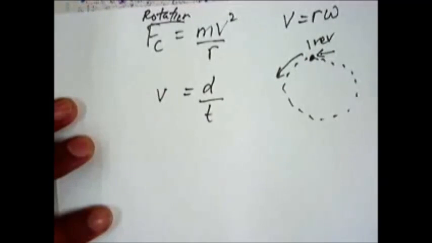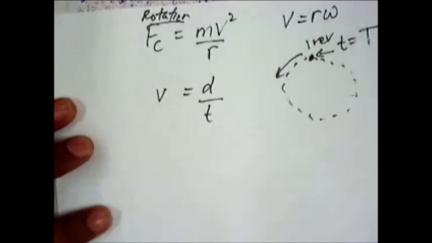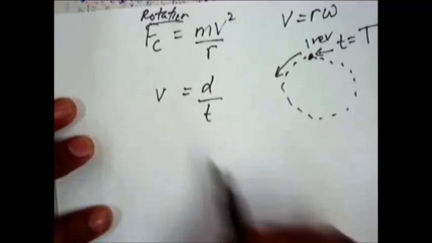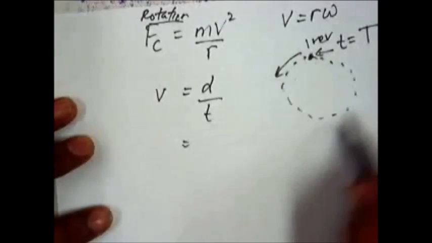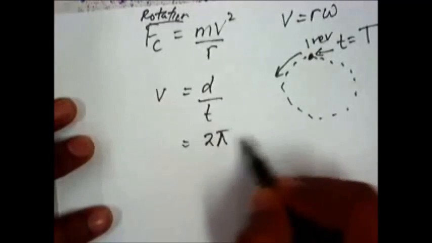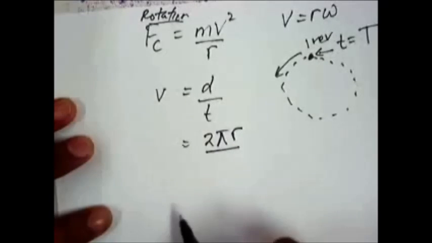For one revolution the time is equal to your period. Your period simply means what time does it take to make one complete cycle or one complete revolution. So since it's a circular motion, your distance now becomes 2 pi r divided by your period.